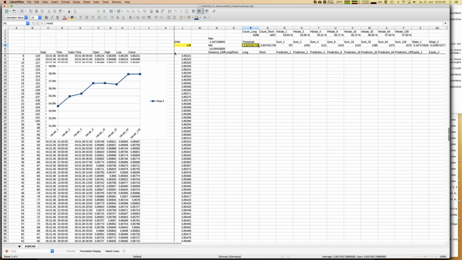And what we could do here is we could change the threshold. In this case, I have connected it to the maximum value. And if you see, if I go down a little bit, so with another threshold, with a lower number, then the total number of pseudo trades is increased.